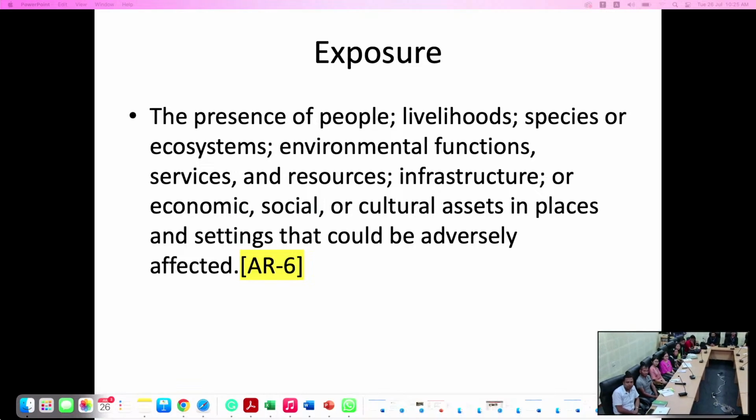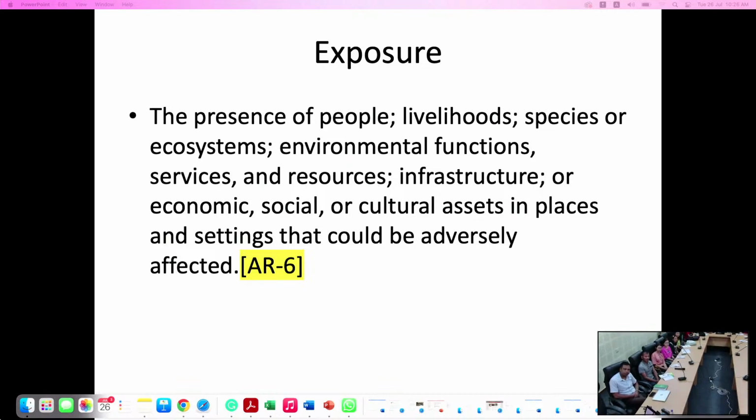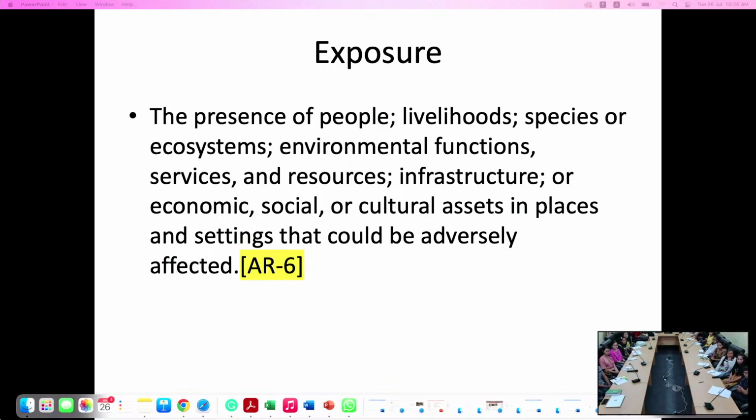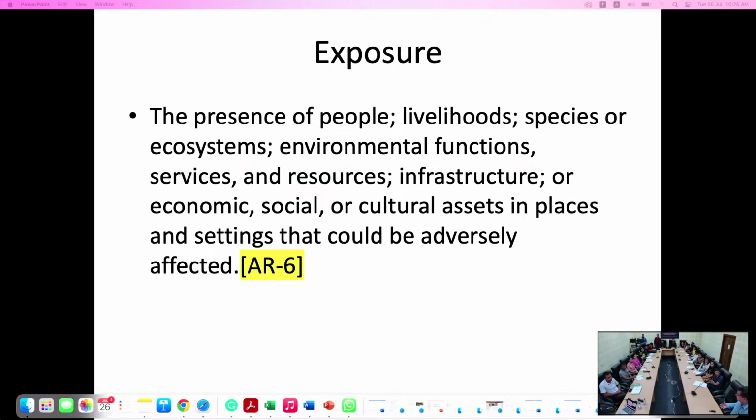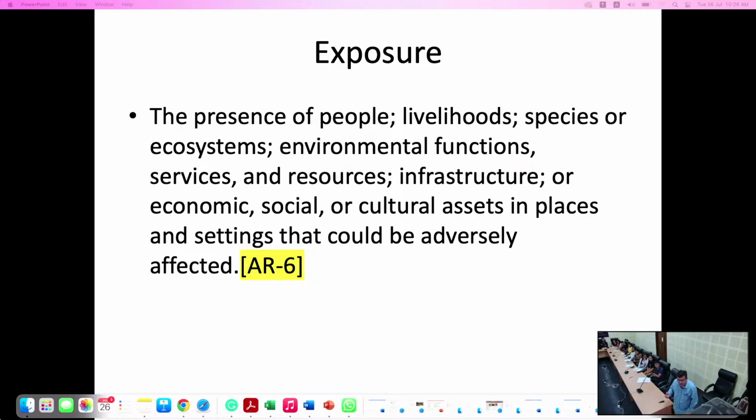But what it says is that the presence of certain things, right? The presence of people, anything that can be affected, people, birds, animals, right? It can be inanimate things also. It can be a house, it can be a hill, it can be anything.